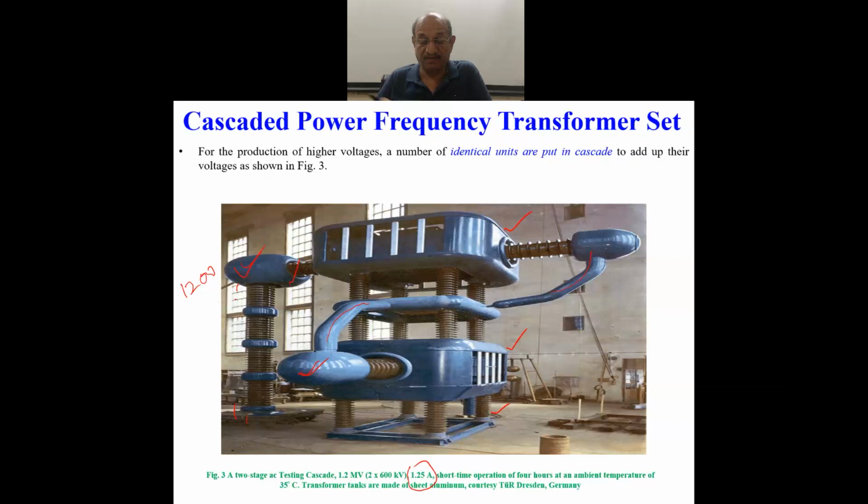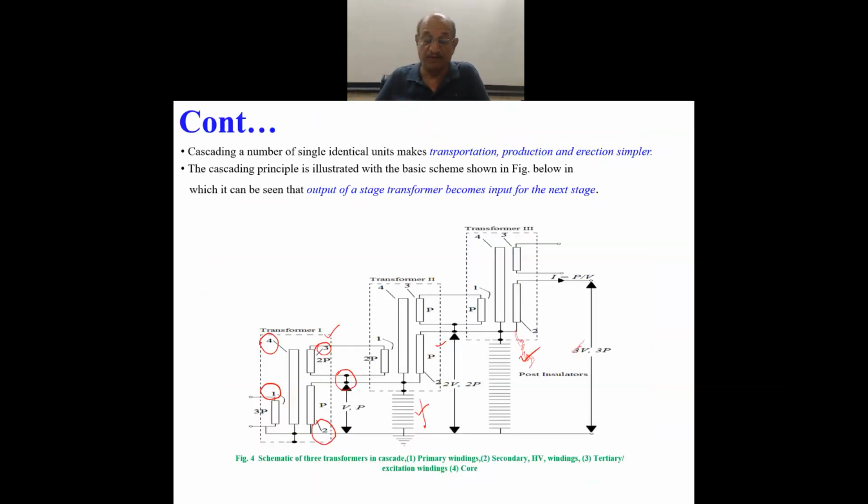This is the 3 stage that we are seeing. The second stage is supported from the ground with taller insulator blocks. These are insulator blocks, just bearing the weight of the transformer. And so the level of insulation to be provided for the third unit is more than that of the second unit.